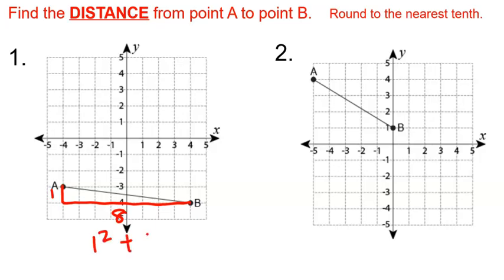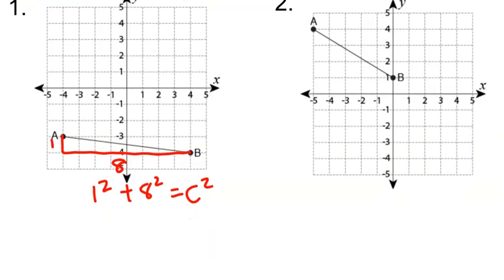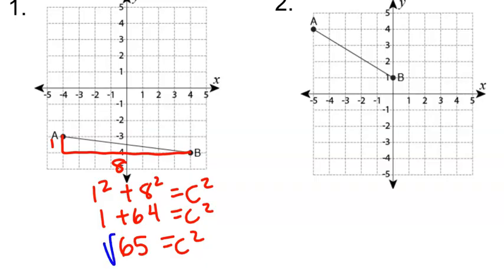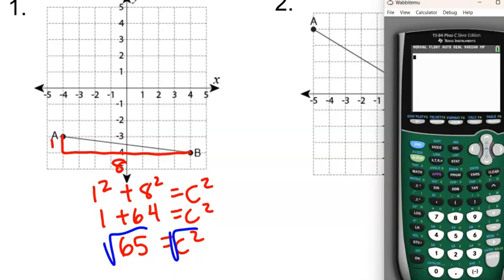So that's 1 squared plus 8 squared equals c squared. 1 squared is 1, 8 squared is 64, and when I add these together, I get 65. Now I need to write that I'm going to square root both sides, and I can type that in my calculator. Square root of 65, and now I can round my decimal answer.